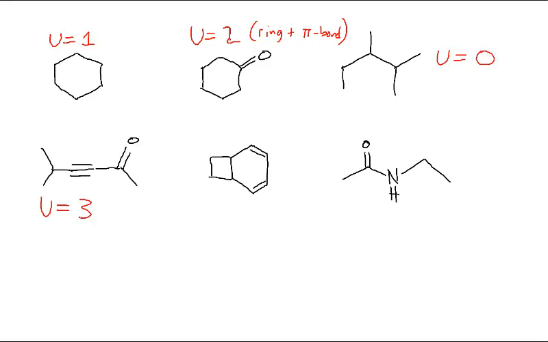This one here, well, it's got 2 rings, plus it's got these 2 pi bonds. So this one's going to be 4. And that last one, 1. It's got the one pi bond.